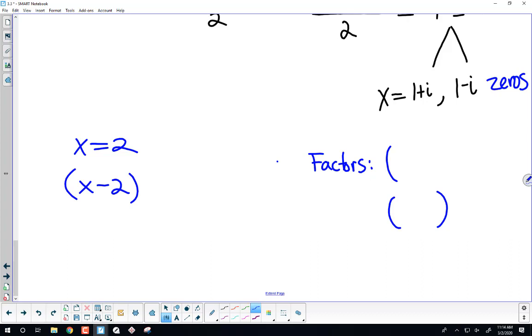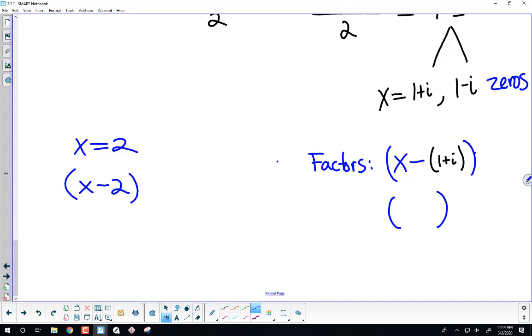So if I say 1 plus i is a 0, what's the corresponding factor? To get the corresponding factor, you just do x minus the 0. That's always the pattern. x minus that 0.